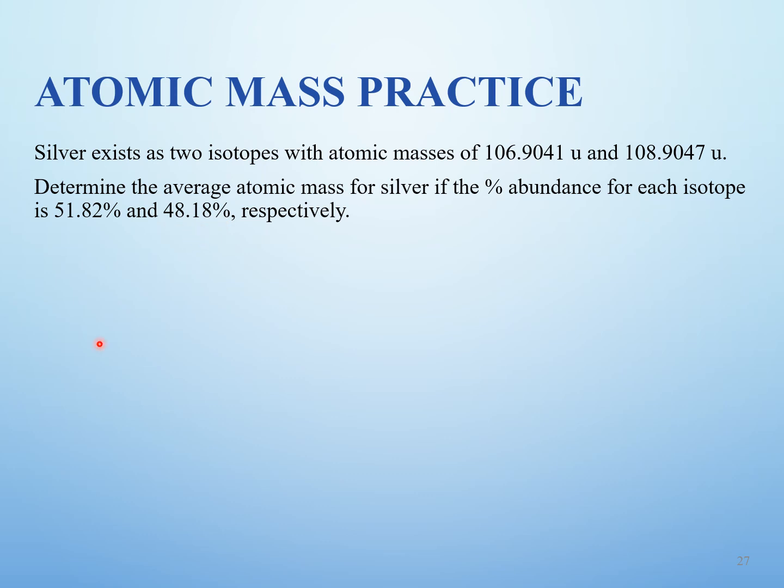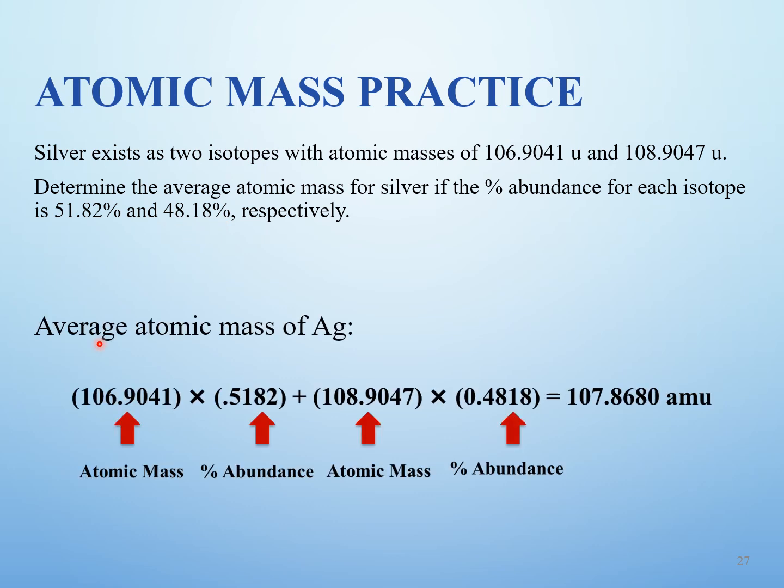So let's go over our formula again. Our formula is abundance number 1, 51.82, times mass number 1, which is this one right here, and then abundance number 2, 48.18, times the mass of the second isotope.